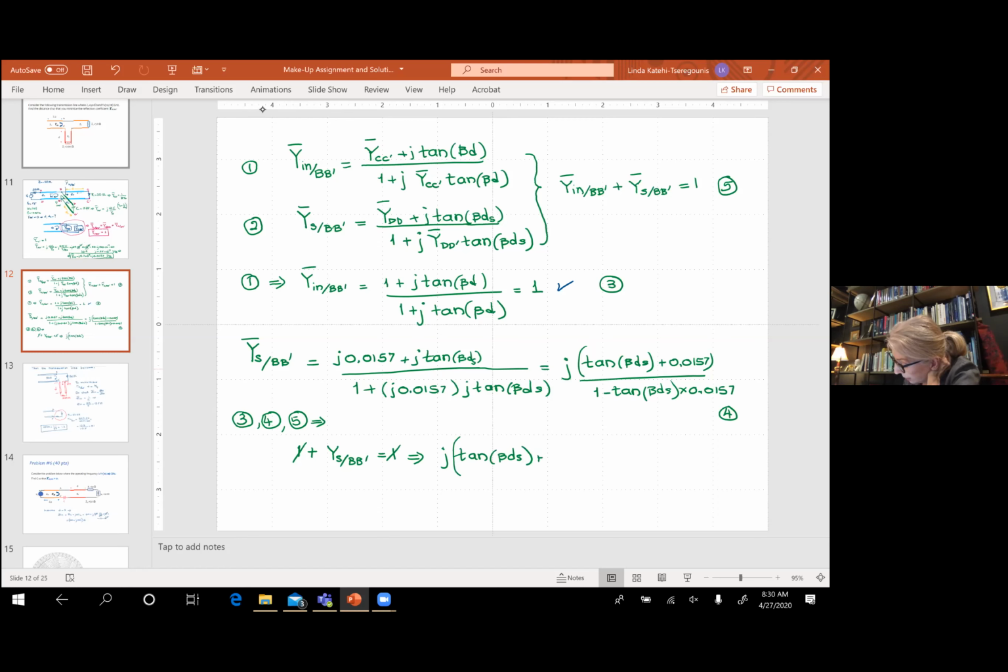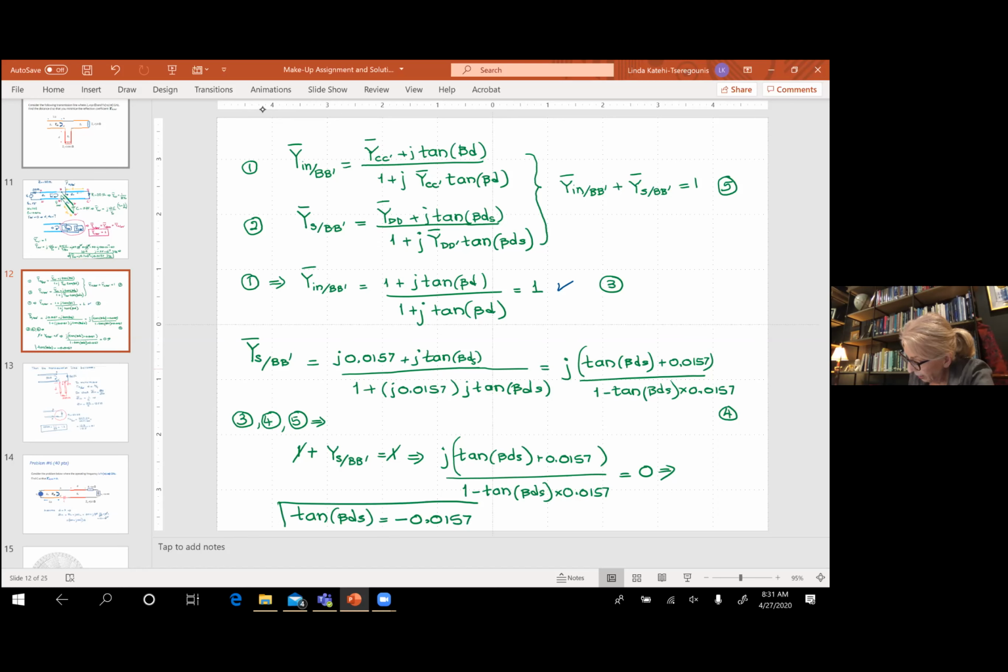And the only solution for this is that the tangent beta ds equals minus 0.0157. And then from there, you can find the value for ds. All right, and the value for ds, if you have a calculator, you can give it to me. So that is how we would get this solution by using equations.